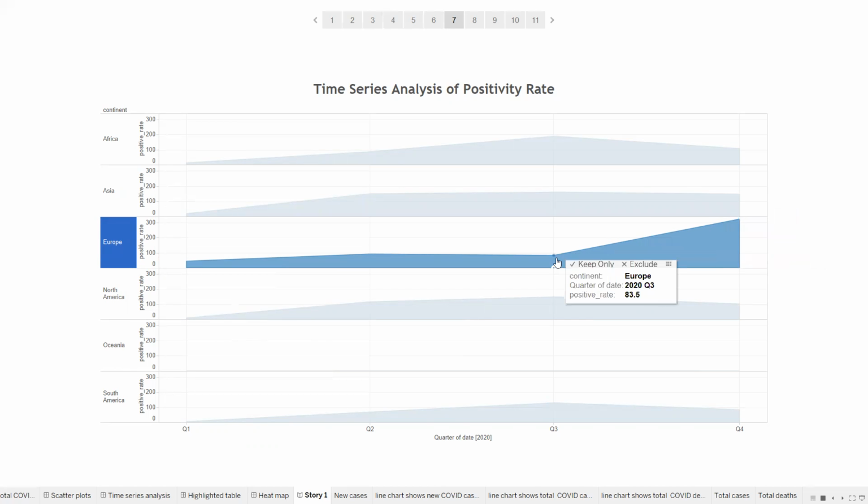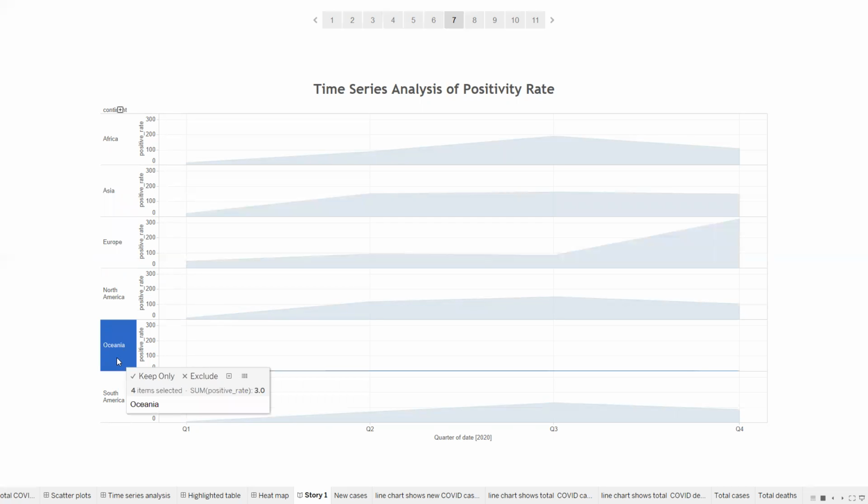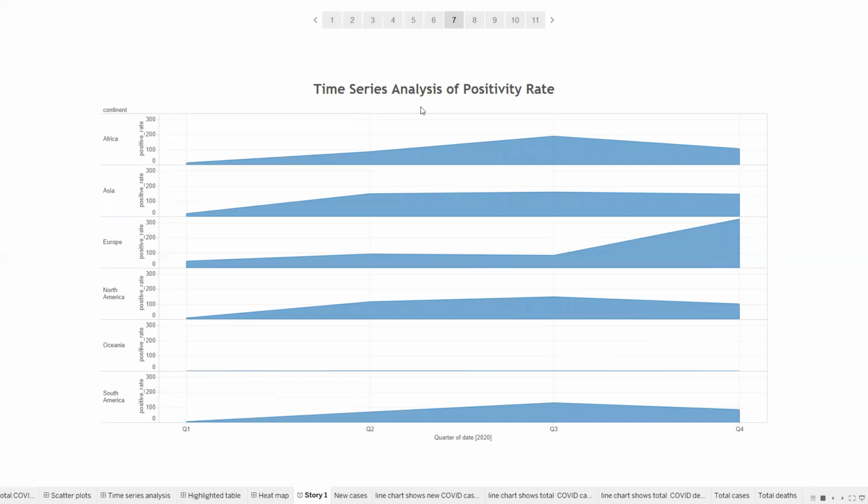So that means that there must be something that happened after quarter third, which leads to the highest increase in the positivity rate. And similarly, let's say for Oceania, you can see that there is negligible or almost no increase in the positivity rate with the passage of time. So in this way, we can analyze time series analysis for the positivity rate.